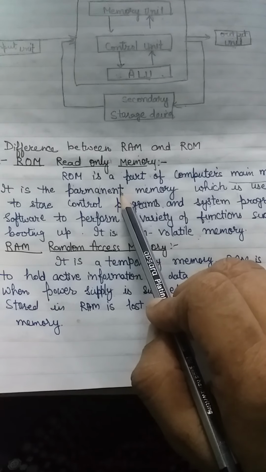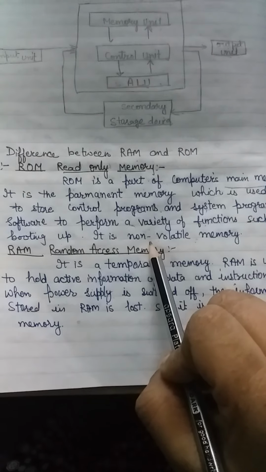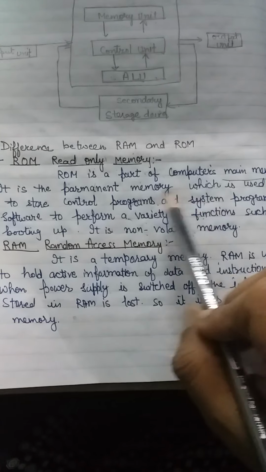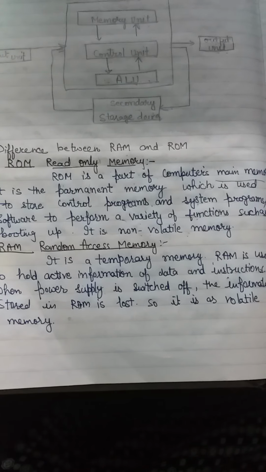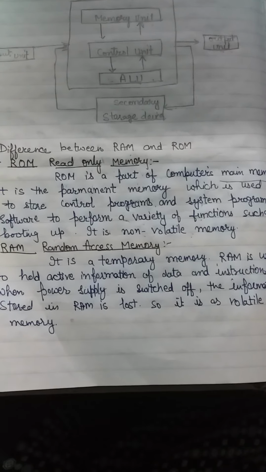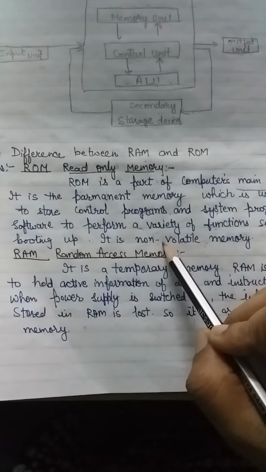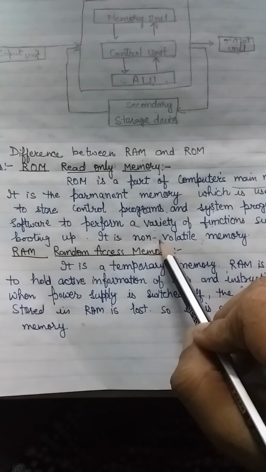This is a permanent memory, also called non-volatile memory, because the system software and the control programs are stored in the ROM and a variety of functions are performed by the system software. That's why it's a non-volatile memory.